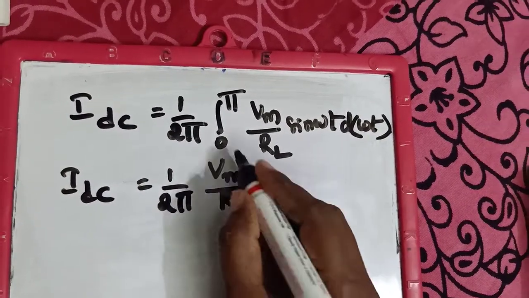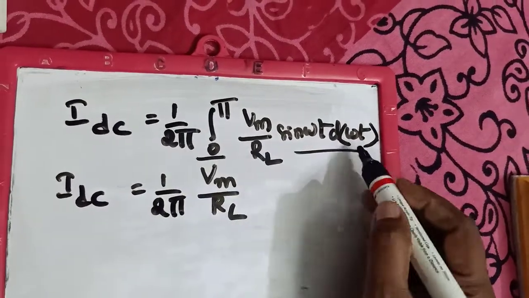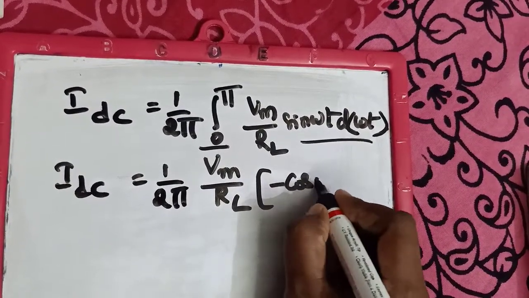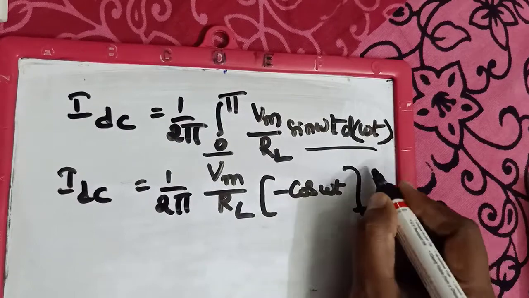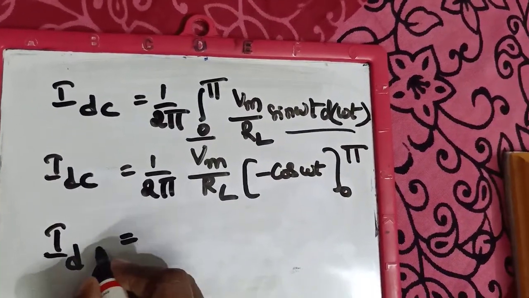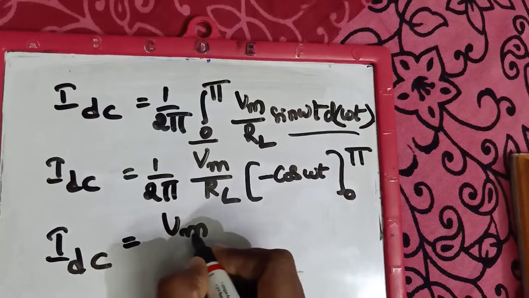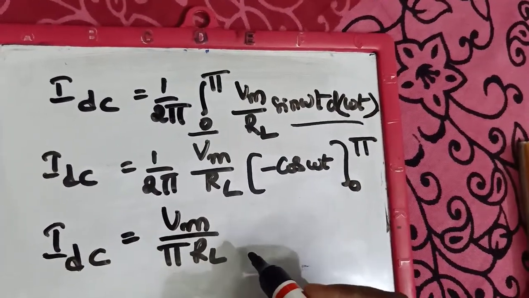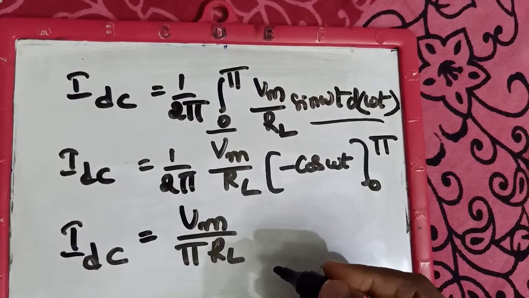Integrating sin ωt gives negative cos ωt, with limits 0 to π. Simplifying further, we get IDC = Vm by πRL. This is the equation we have obtained.